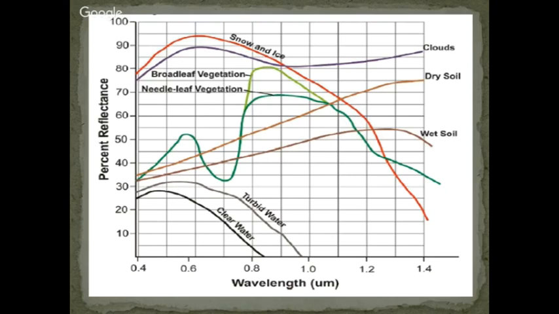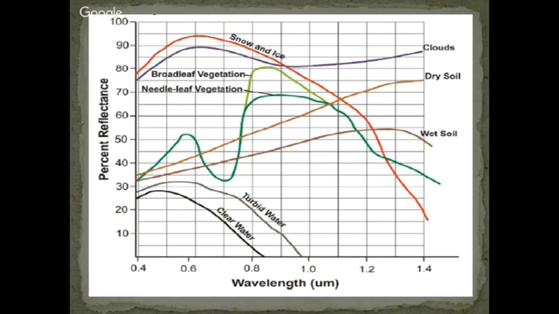Now the most interesting part is the reflectance behavior of snow and ice. Both surfaces represent the same substance, that is water, but in different phases. In the case of snow and ice, we have solid water, whereas in the case of cloud we have vaporized water content.